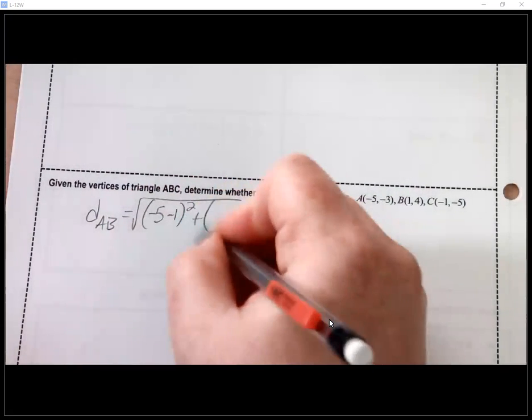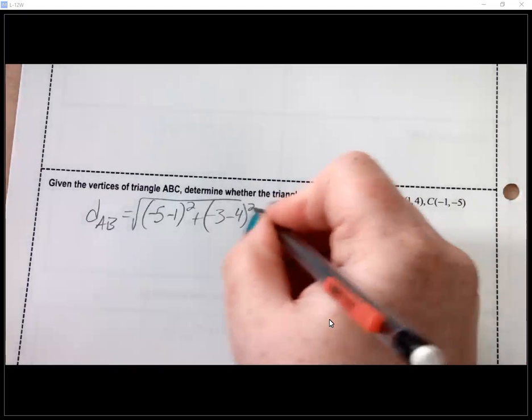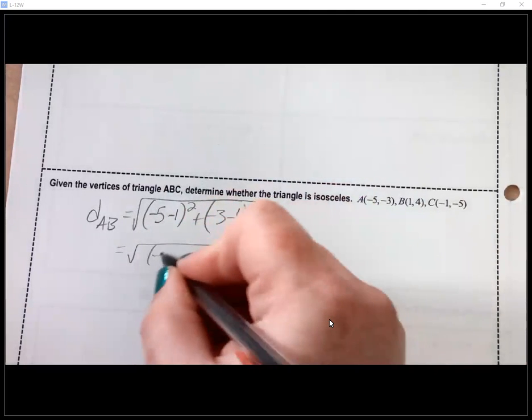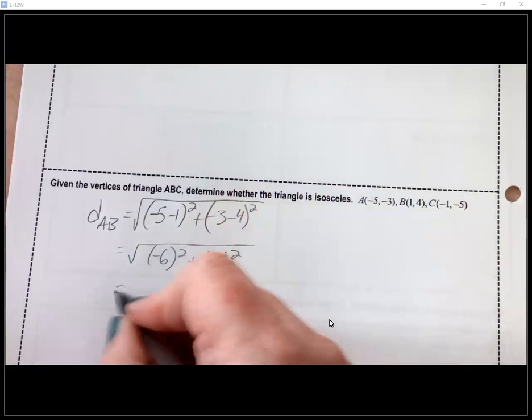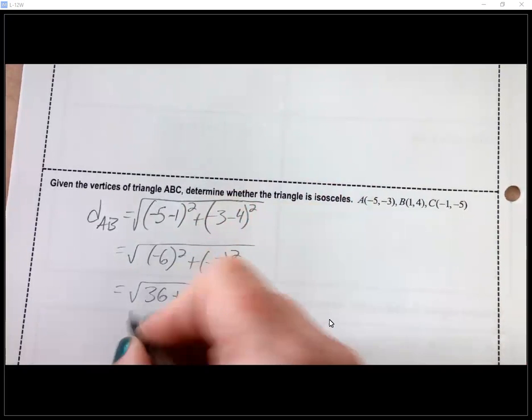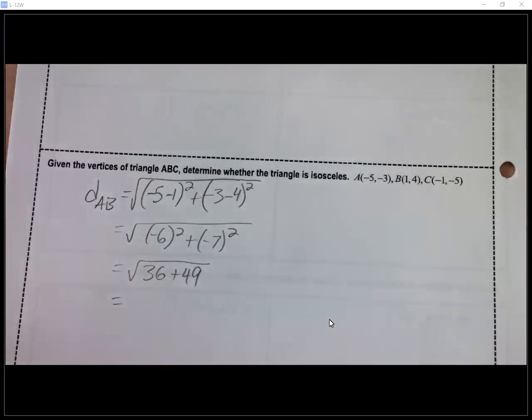Same thing with the y's, -3 minus 4. Close it, square it. And now you're just evaluating. Oh, it's 36 and 49. 85.